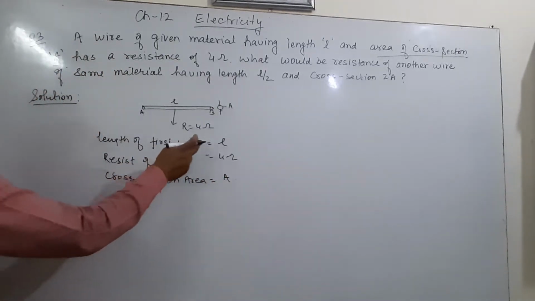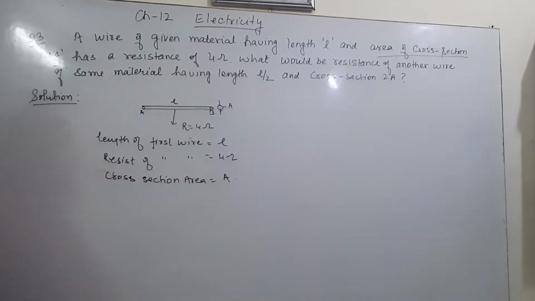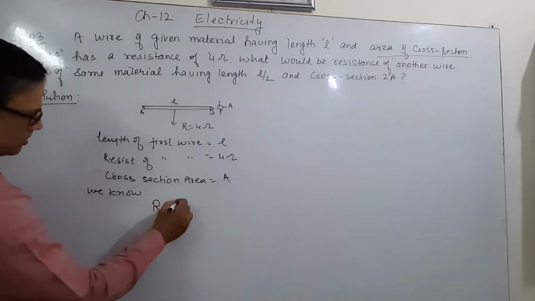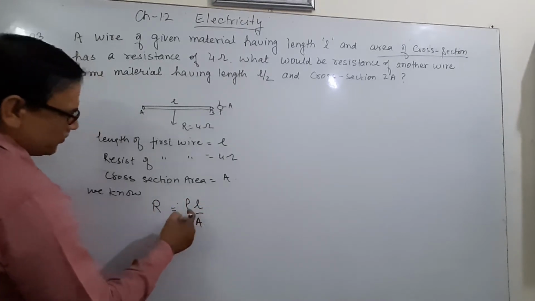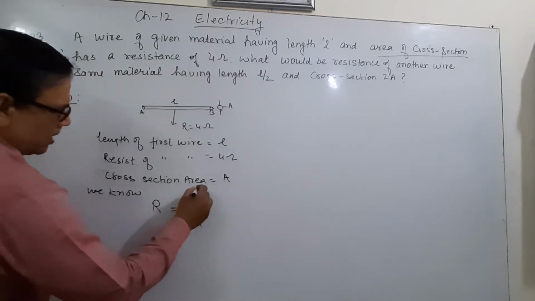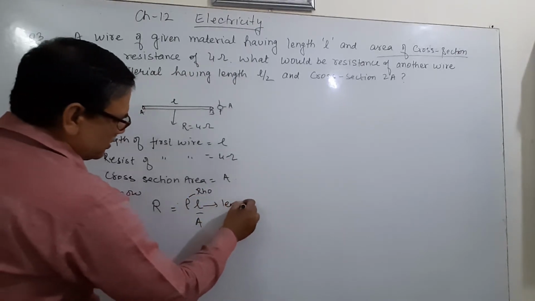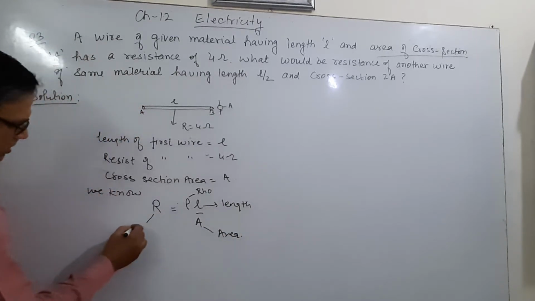And then length, resistance and area. We know resistance is equal to rho L upon A. This is rho, and this is length, and this is area, and this is resistance.